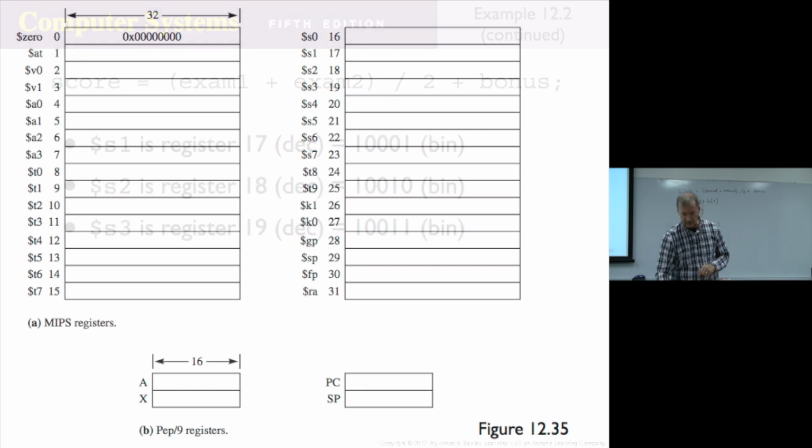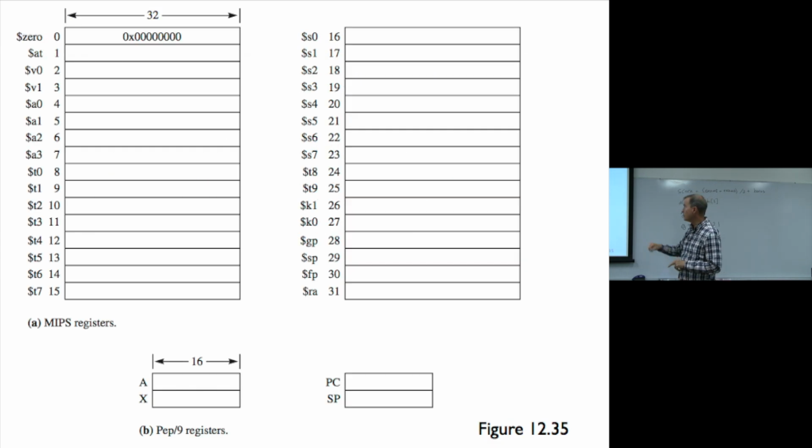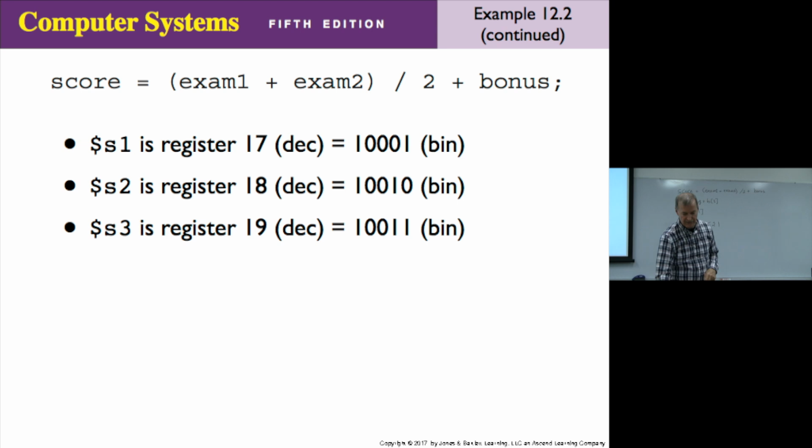If we go back to figure 12.35, you see that $S1 is 17 and S2 is 18, S3 is 19, and so on. With the help of that figure, we see here in example 12.2 that $S1 is register 17 decimal. Well, that means that the register field for the S1 register is 10001, and so on. Are you with me? So you see how to calculate that?